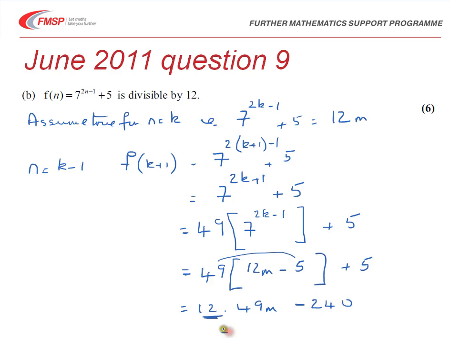But of course now I want to take out that factor of 12, 49m, and then 12 is a factor of 240. So there we are, we've shown that if it's true for n equal to k, it is therefore now true for n equal to k plus 1, because this is divisible by 12. So that's an alternative induction step.